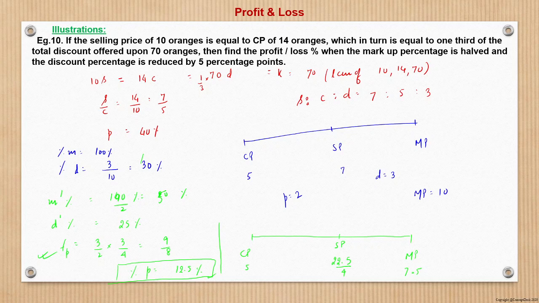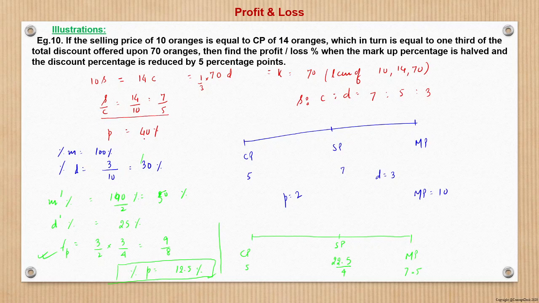So this was also a good question in terms of interpretation of the statement, where the concepts we have used are what we have learned so far in this session. First, we wrote it in the very basic form, then we interpreted S by C is equal to 7 by 5.